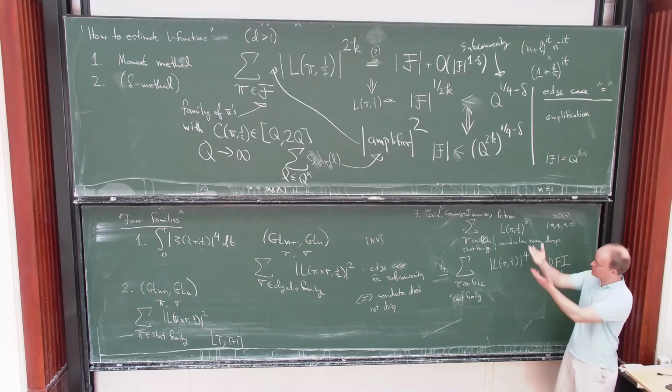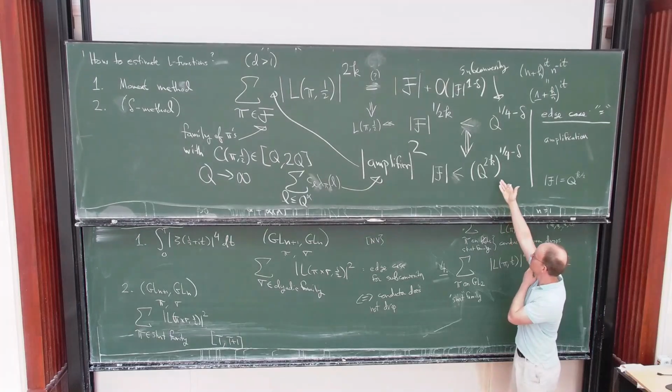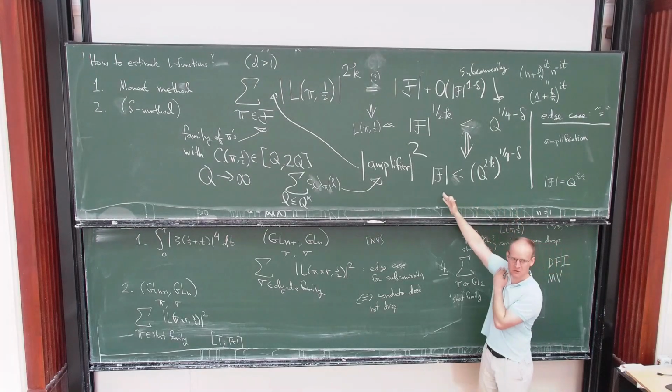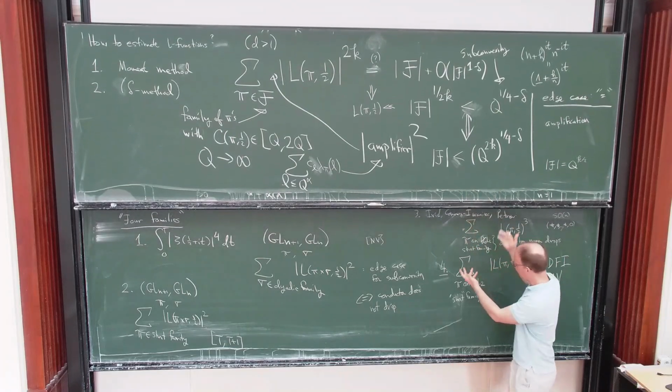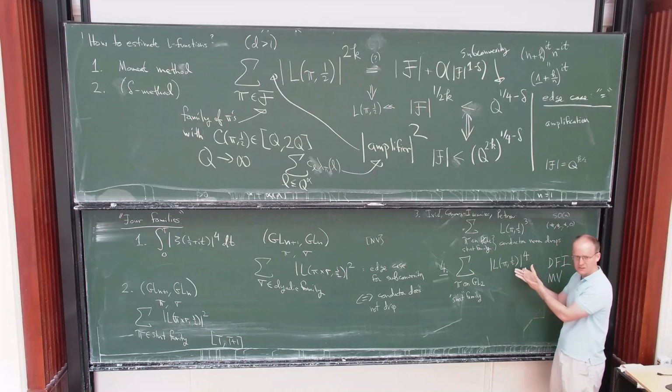It's just the general principle that if you take a higher degree, then you don't need the conductor to be as big in order for this right-hand side to be bigger than the family size. Of course, you can try to do this in every situation. You can try to compensate for the conductor drop by taking a larger degree moment.